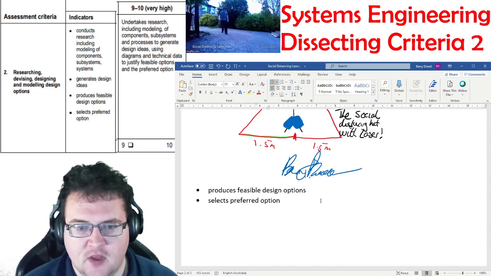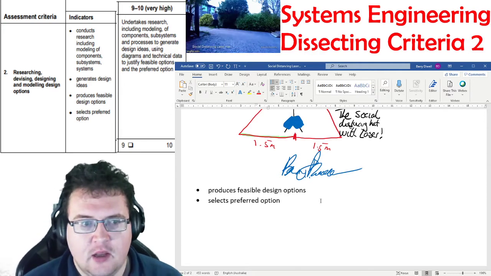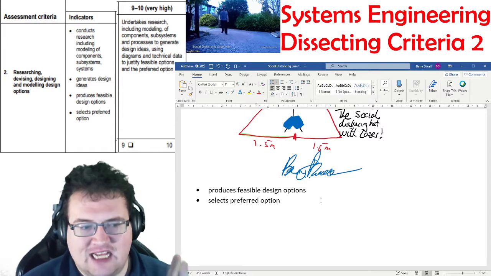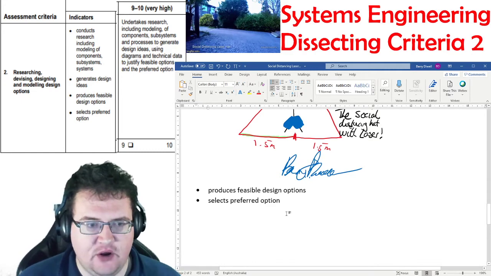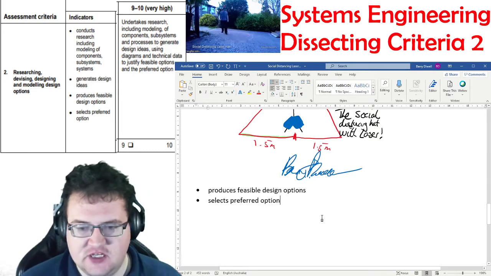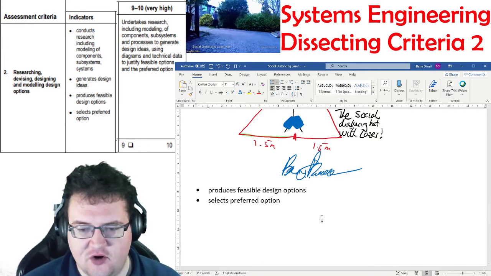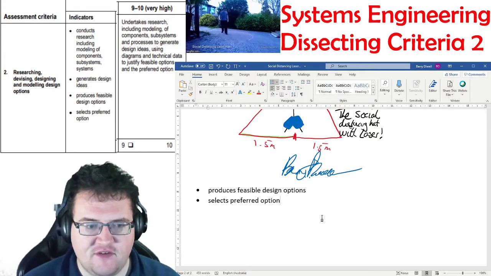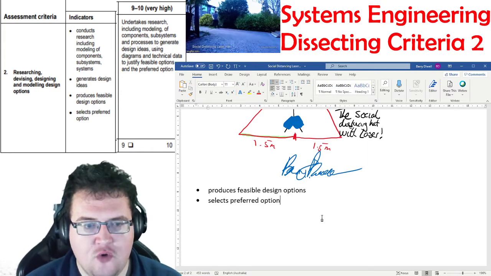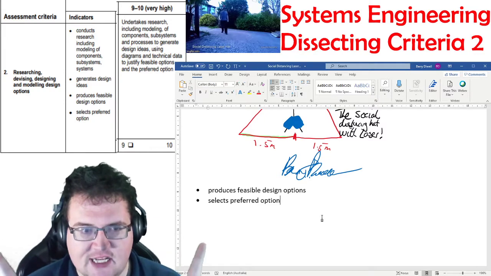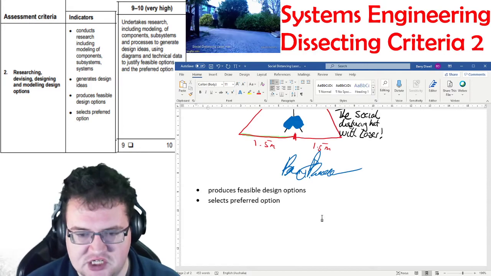Now, in regards to the 2020 thing, you are required to create an aspect. So in here, when you are selecting your preferred option, you would say, I'm going to select option 1 for these particular reasons. You have your own explanation criteria. You mark yourself against criteria previously. And then you would say, okay, as part of this, in the context of my laser hat, I'm only going to make the system that rotates to create the circle.